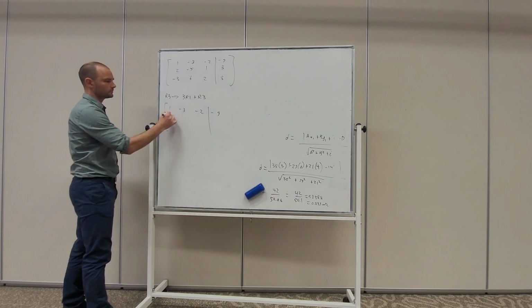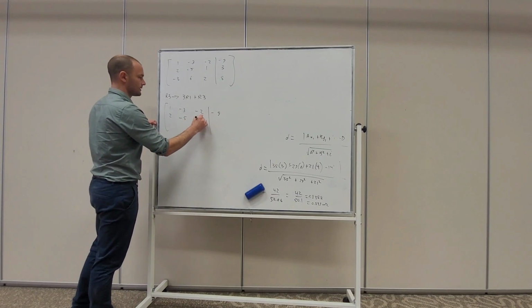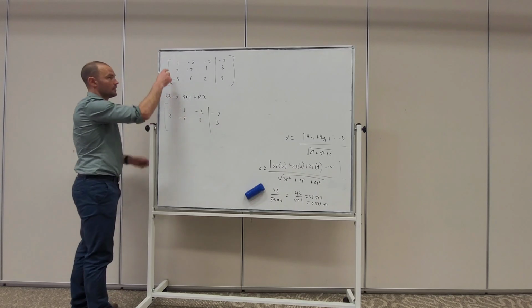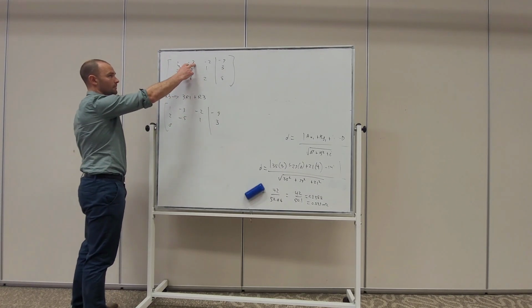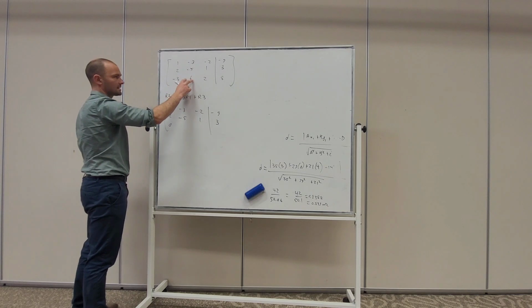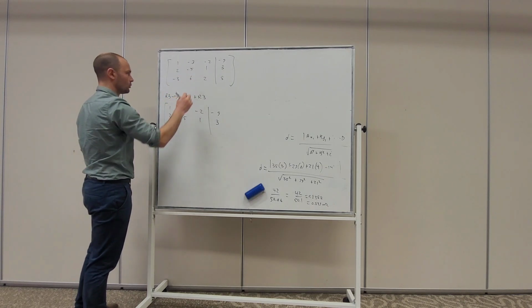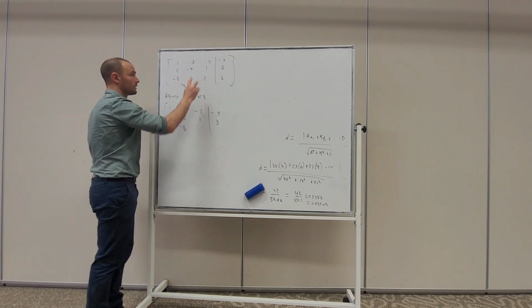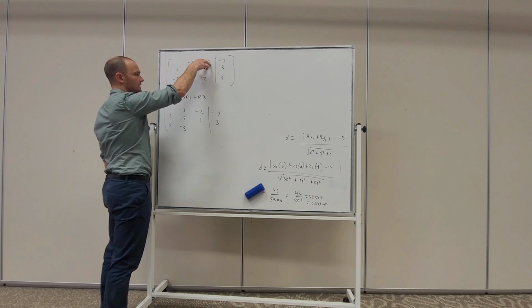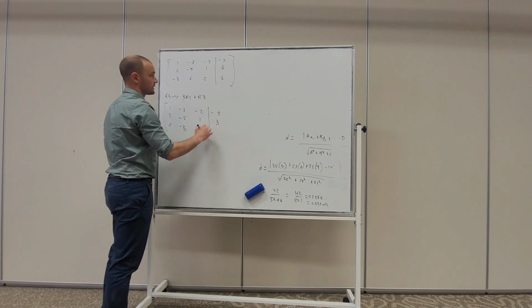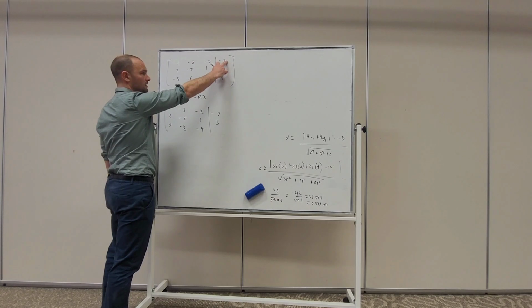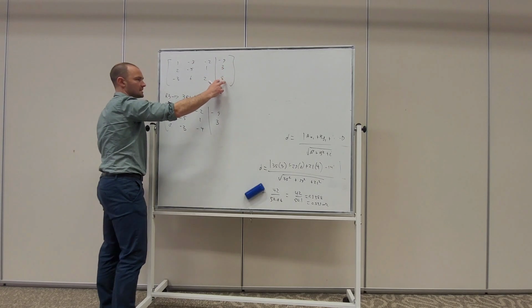So row 1 and 2 stay the same. Now 3 plus minus 3, that's going to be 0. We have minus 9 plus 6 will be minus 3. And we'll have minus 6 plus 2 will be minus 4. And minus 27 plus 8 will be minus 19.